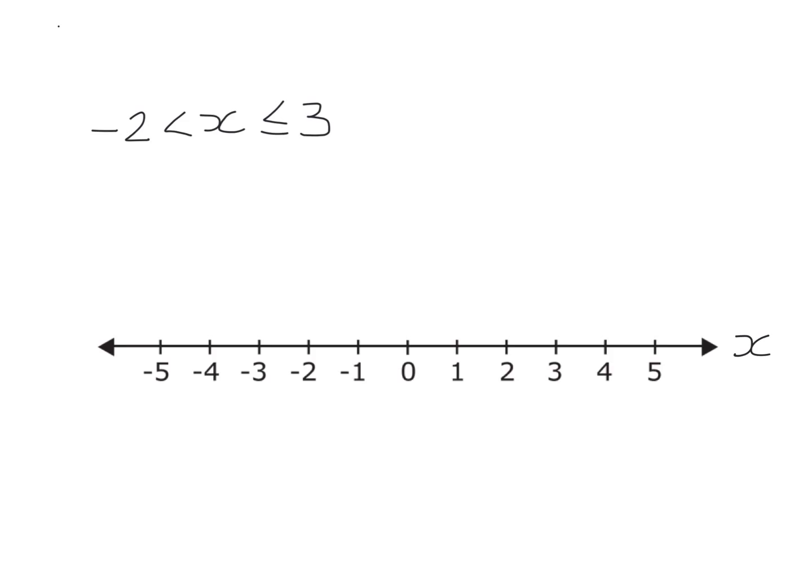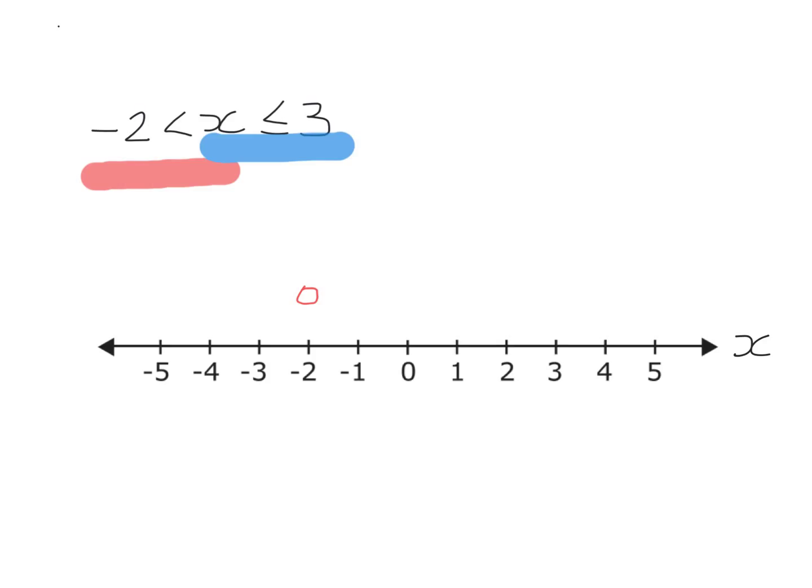How did you go? Firstly, I'm going to look at this portion of the inequality, and then I'm going to look at this portion. Minus 2 is less than x. The less than means I need an open circle, so minus 2 is going to be over there. I'm then going to look at x is less than or equal to 3.